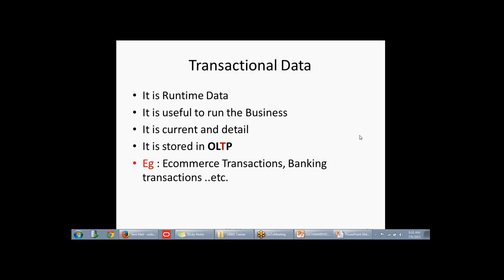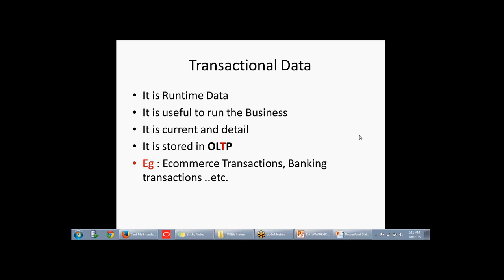Like in the store, the customer is coming and purchasing some goods, and there we will be saving each and every detail, like the customer, at what time the transaction has been done, at what time the invoice has been generated, and each and every detail, we will be storing it in a database. So whatever data is generated in these transactions, it will be current and detailed.